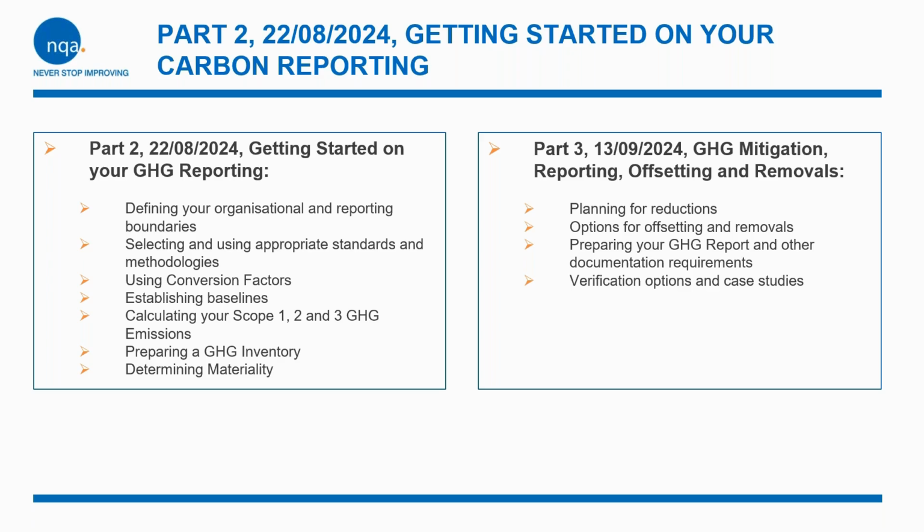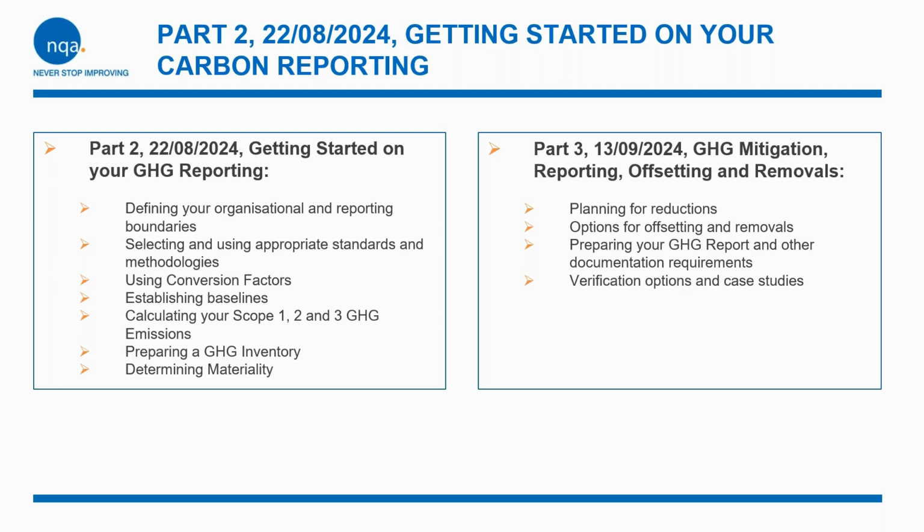We'll look at which standards are best for which industries at that point, which conversion factors to use, the best baselines to use. So for example, at NQA, we have 2019 as our baseline. 2020, 21 and 22 were not normal years because of COVID.